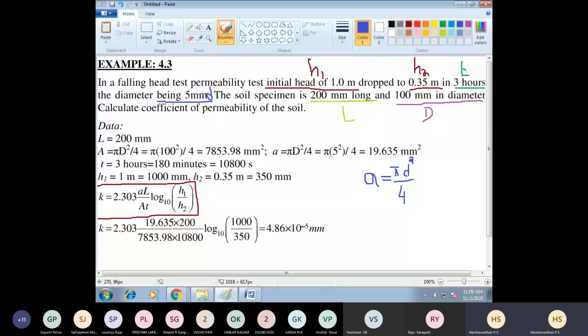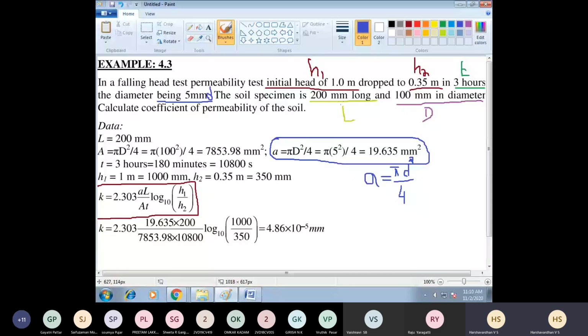So d is 5 mm, so I can calculate the area as 19.635 mm square.